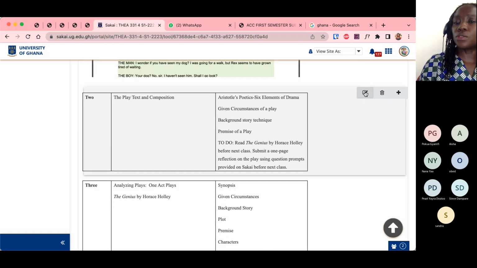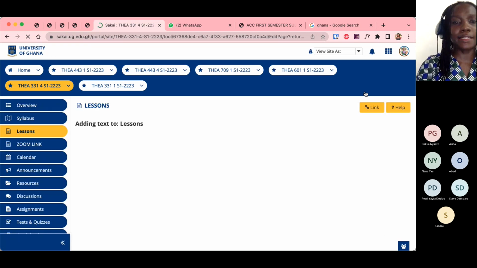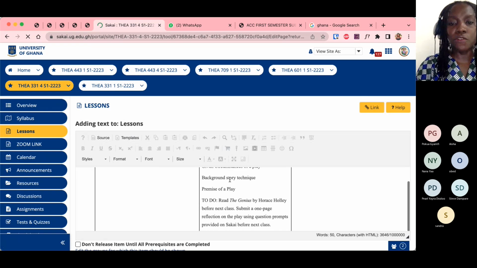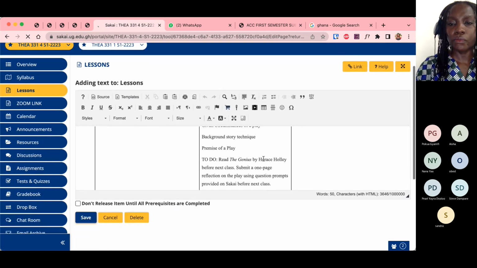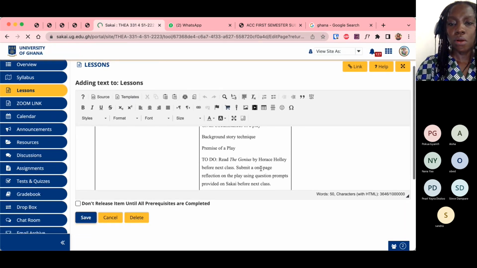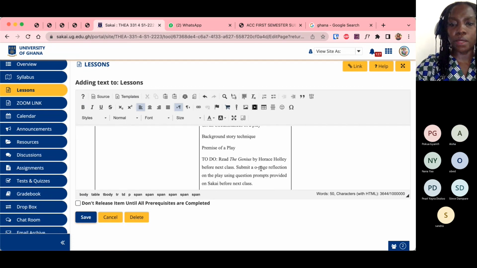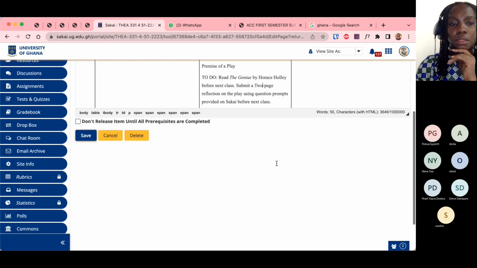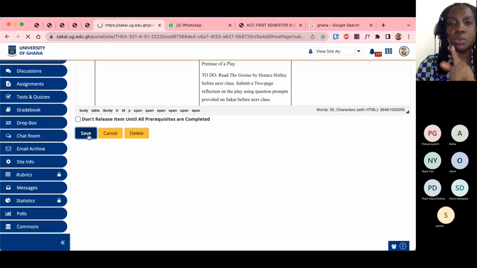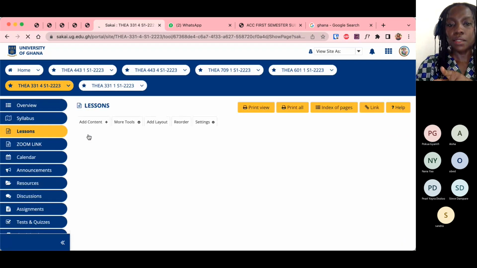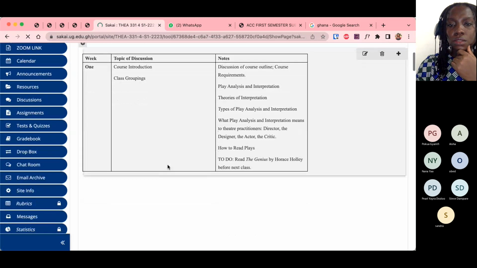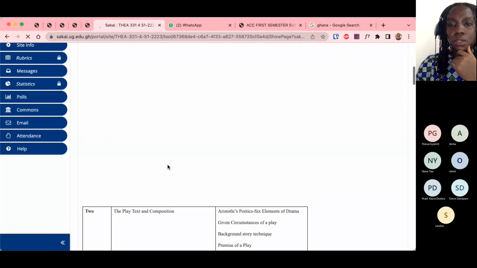You remember in the description, I highlighted that there are 2 pages of reflection. Were you following? Yes. So it was clearly a mistake. Let me see.